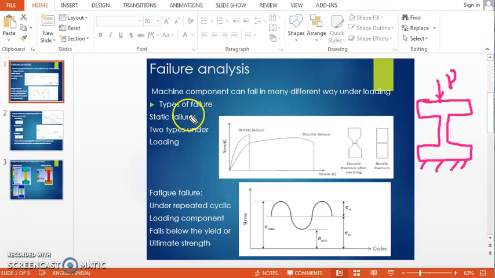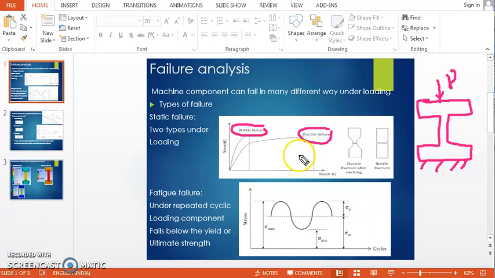So generally there are two types of failure. First one is static failure, the second one is fatigue failure. Under static failure there are two types of failure, that is brittle failure and ductile failure.